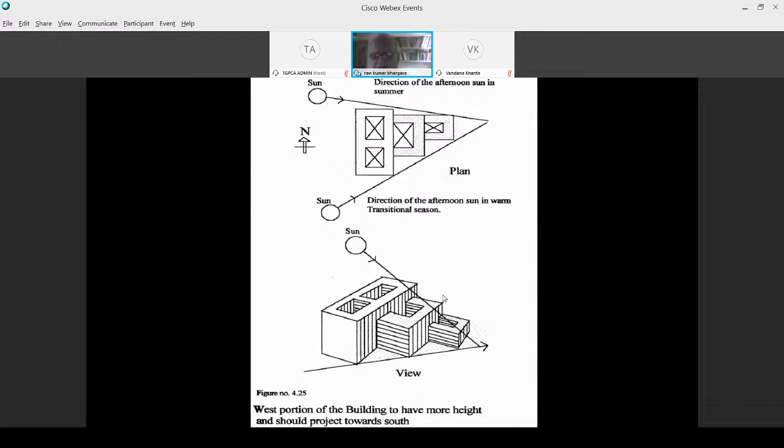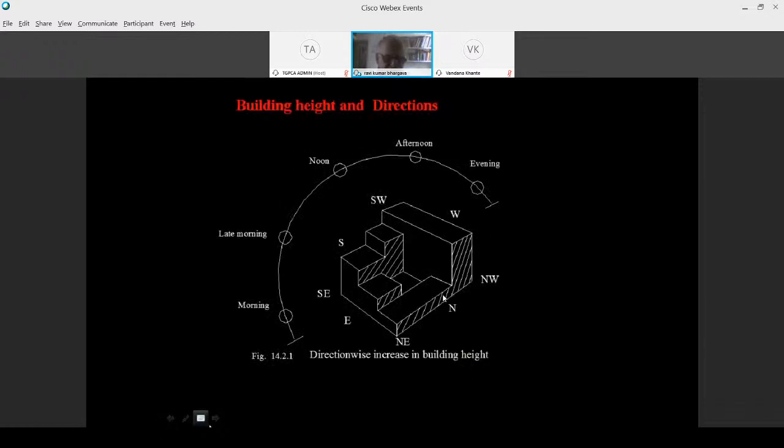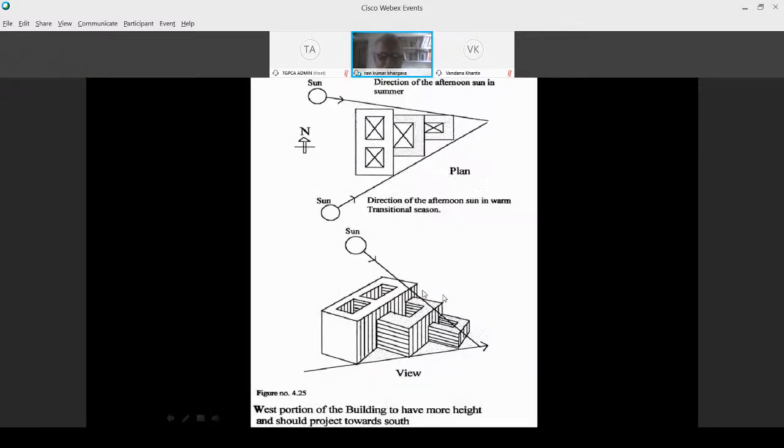So after this study, this is the resultant shape and form of the building. This one we have earlier seen, and this is an improved version of the same plan, projecting the western part towards south with more height.